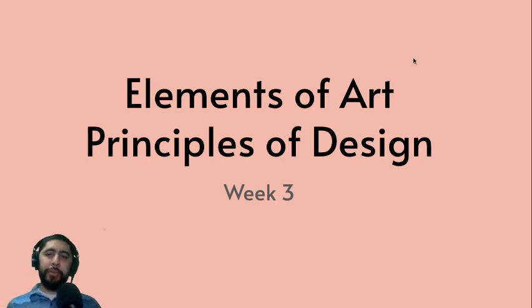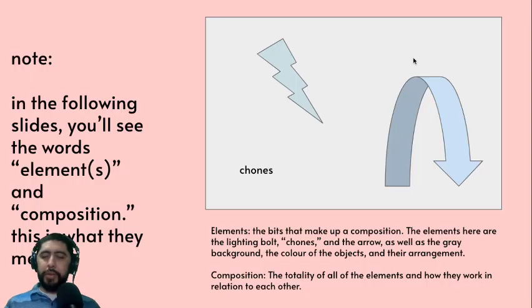Alright, elements of art and principles of design. I'll be defining what those are. But within this slide presentation, there's a couple words that you need to know in order to understand what I'm talking about. So I'll be using the words elements and composition. Elements are parts of the image that make up the composition.